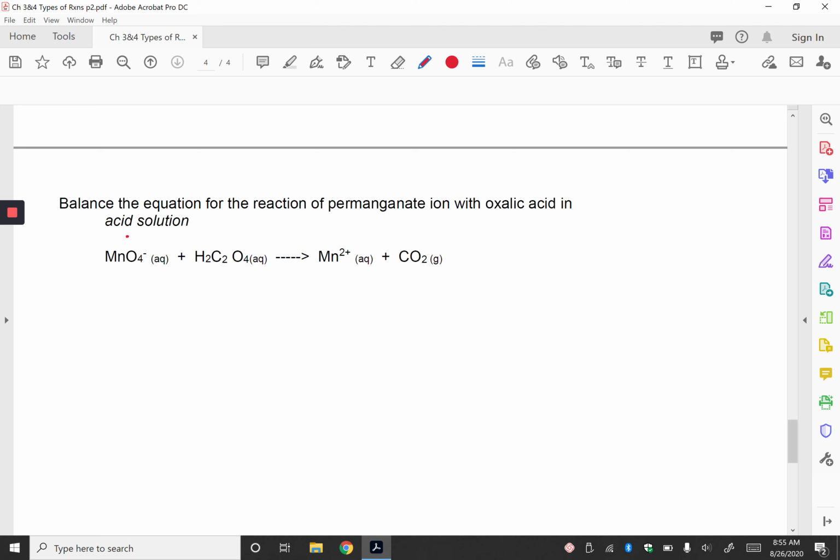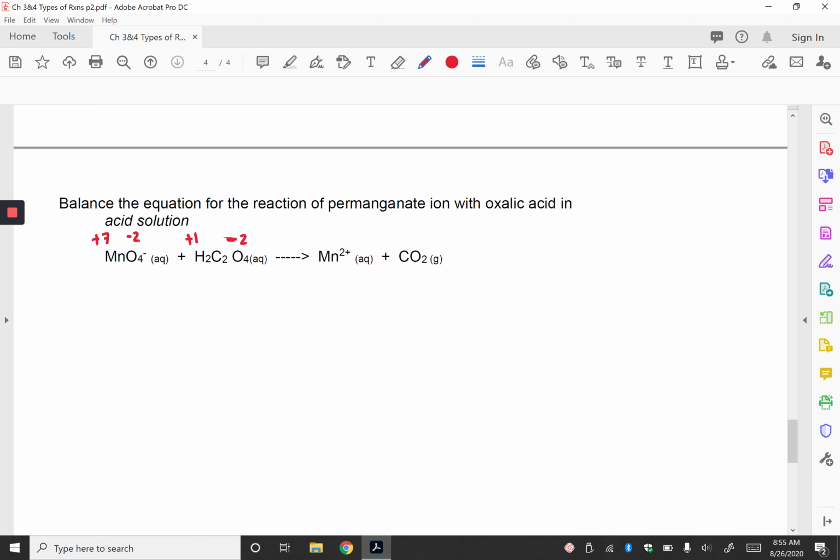This oxygen I know is -2, right, from my rules. The manganese, so if I take 1 manganese and 4 of these, so -8, the total needs to be -1, right? So that means the manganese is +7 in this case. Let's look at this here, oxalic acid. I know that this is -2 because it's oxygen. I know that the hydrogen is +1.